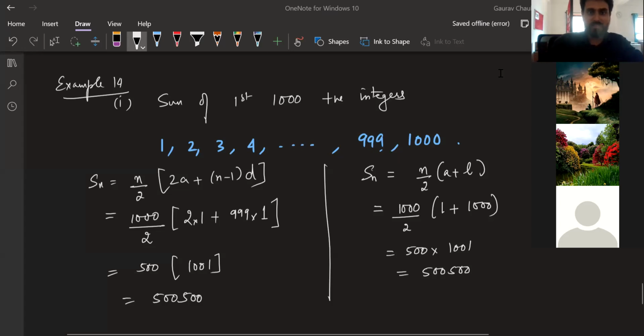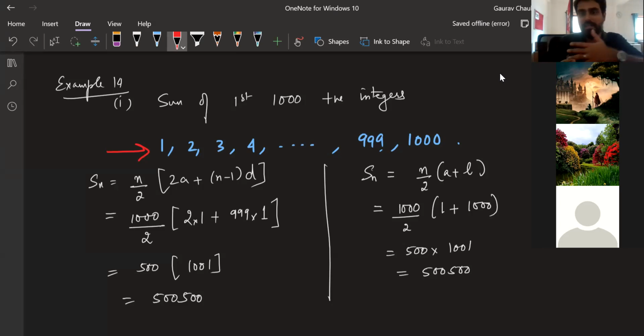Clear, right? It's a simple thing, the only thing you have to see is what is your vision. You are looking at what AP is being formed. Because such a question comes, it is surely an AP only, because we do not have GP, HP and all in our syllabus. We are only going to deal with AP.